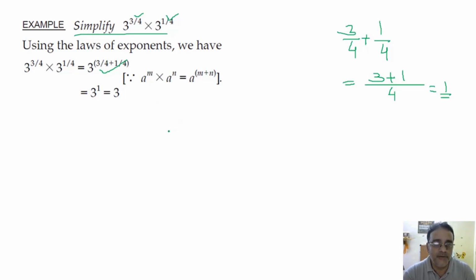One more problem we'll see based on division. ठीक है, यहाँ पर भी दोनों का बेस सेम है and we are dividing this two. So which property, which law we have to use here? Sir, a to the power m divided by a to the power n is equal to a to the power m minus n, sir.